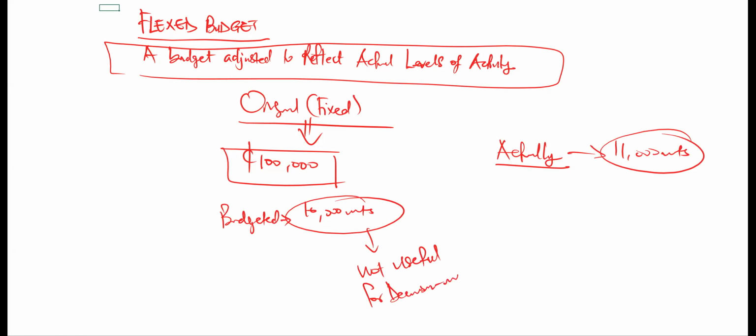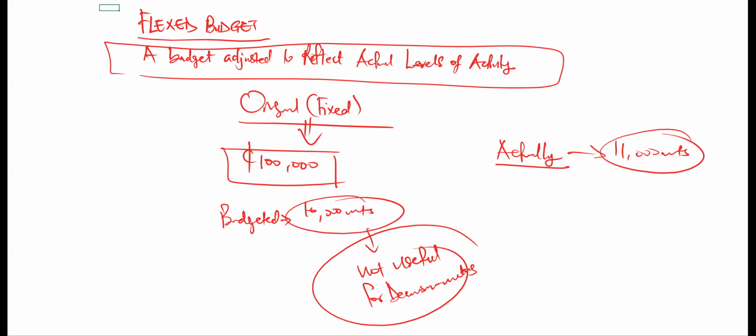Do you all agree that this 10,000 will not be useful for decision making anymore? Yes, sir. Why? Because it's not the actual.